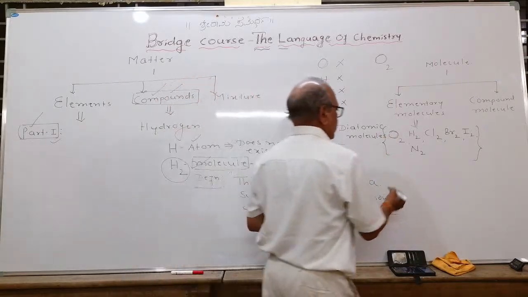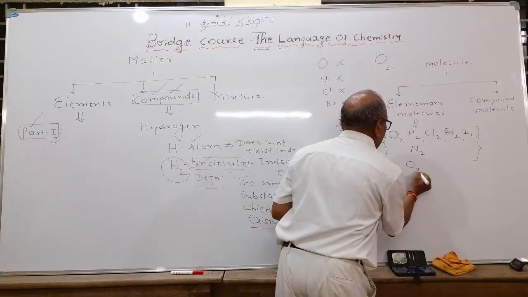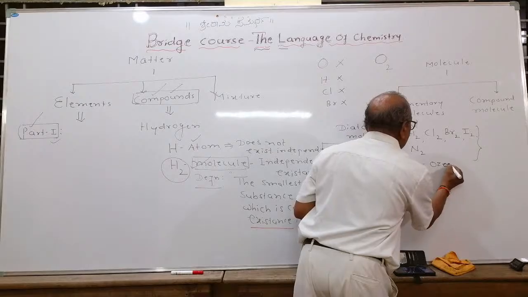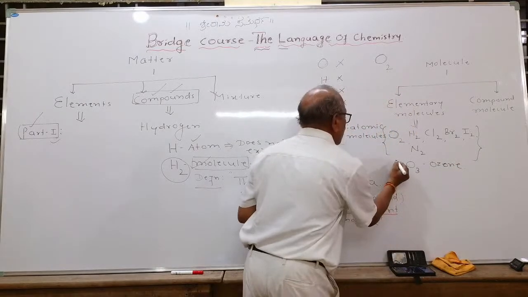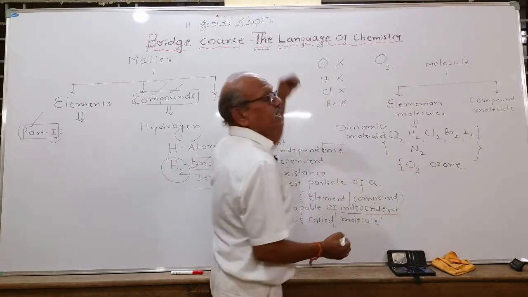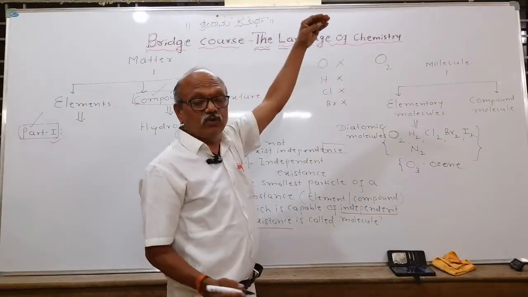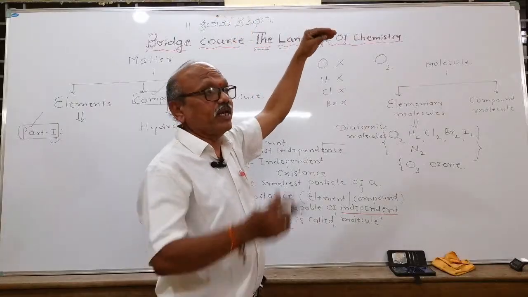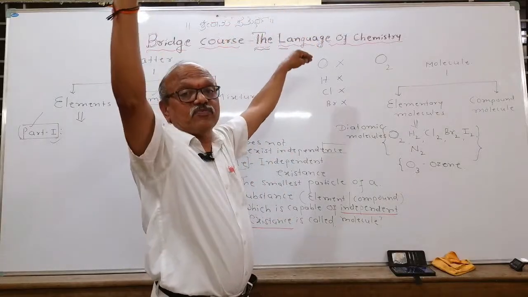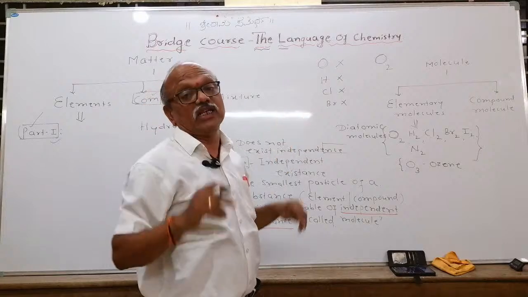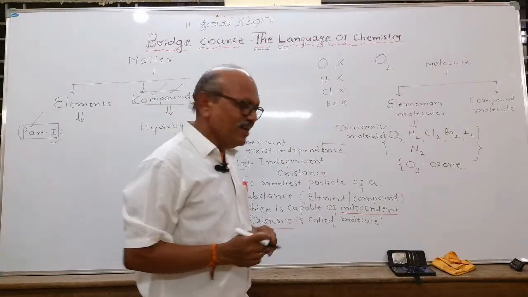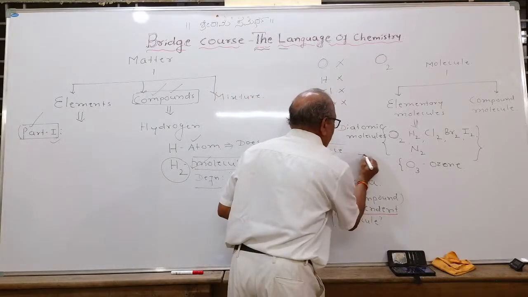And if I take O3, O3 is ozone. One molecule of ozone is present in the upper layers of the stratosphere. You must be knowing about ozone. It is present in the upper layer of the atmosphere and protects us from harmful ultraviolet radiations having shorter wavelength. Ozone is triatomic.